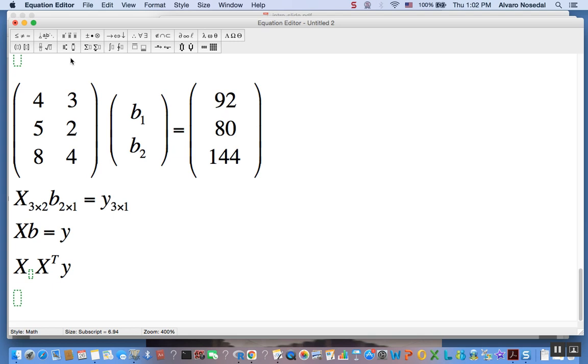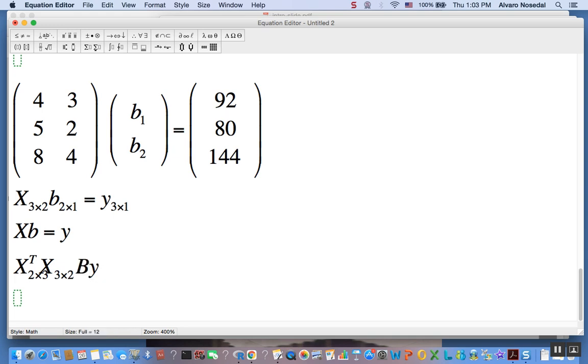X transpose is going to be 2 by 3, times X, which is 3 by 2, and b.